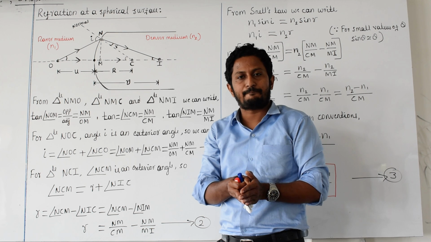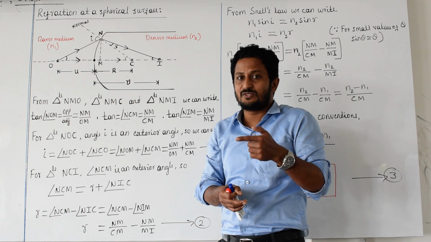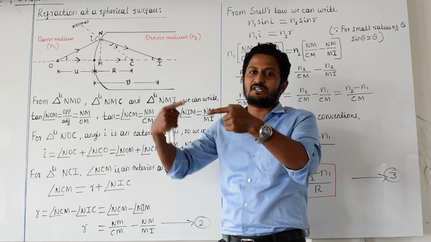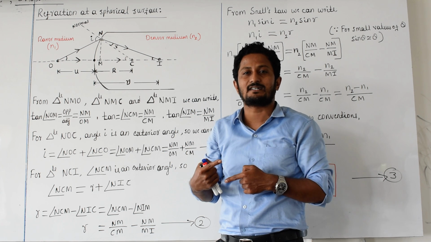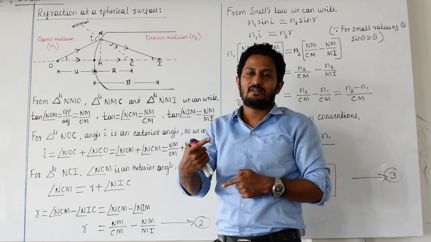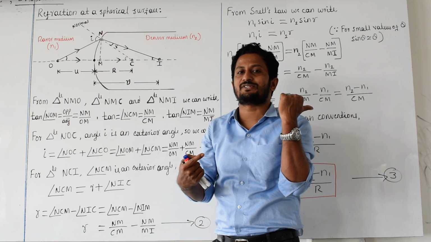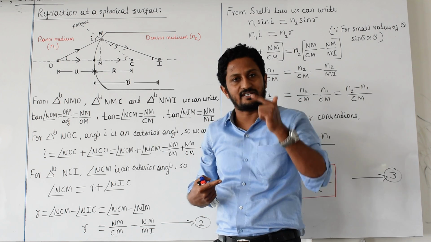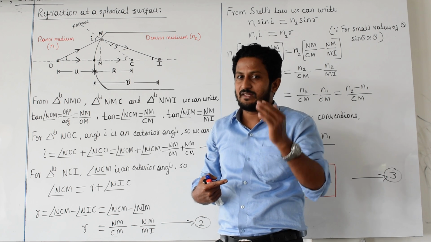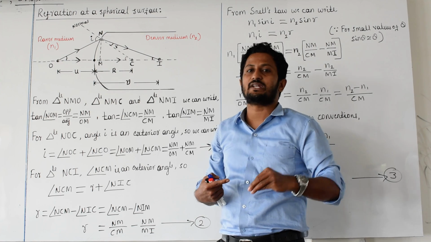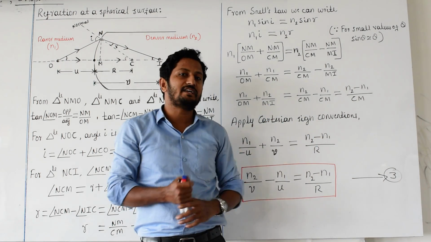The distances which we measure in the opposite direction to the incident light, we have to take as negative. The distances which we measure along the direction of incident light, we have to take as positive. Now we have to apply these over here in this equation.